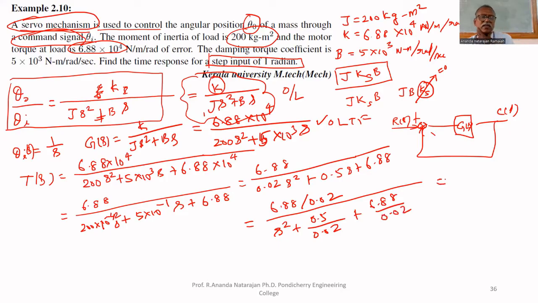Find the final transfer function in natural frequency form. For that, we know the formula. If it is underdamped, check whether it is underdamped or not. For that, we have to find the roots.